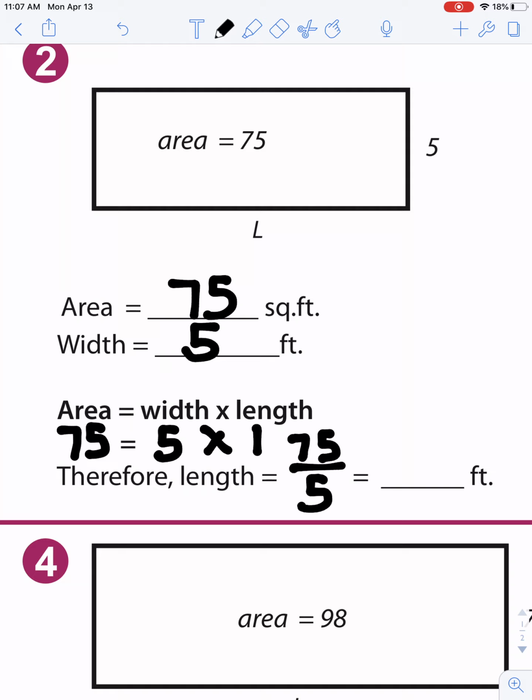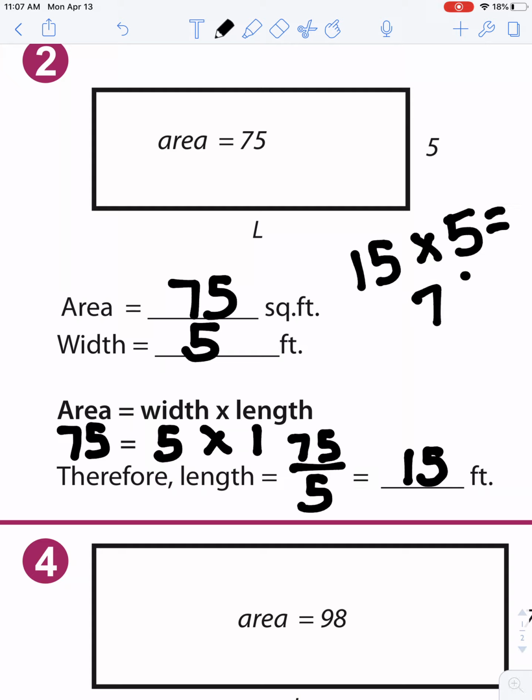If you're not sure what 75 divided by 5 is, type it into a calculator to figure it out, and it would give you 15. Let's check it. Our length, 15, times our width, 5, if we multiply that, we get 75, which matches the area that they give us. So we know that our length is correct at 15 feet.